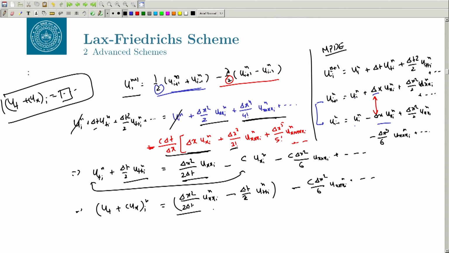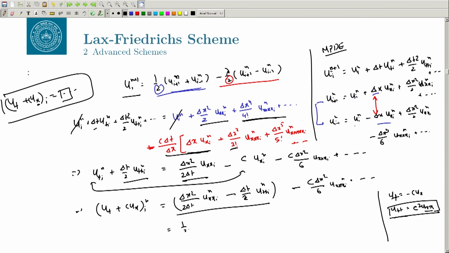Now, look at this term very closely. So, how did we convert the time derivative to the space derivative? You know u_t equal to minus c u_x, take second derivative, that will become c square u_xx, right. This is the trick we have been using to get our first leading order term in terms of space derivative, right.